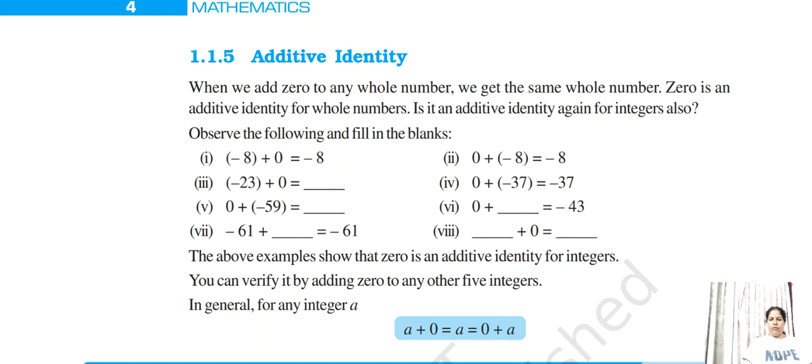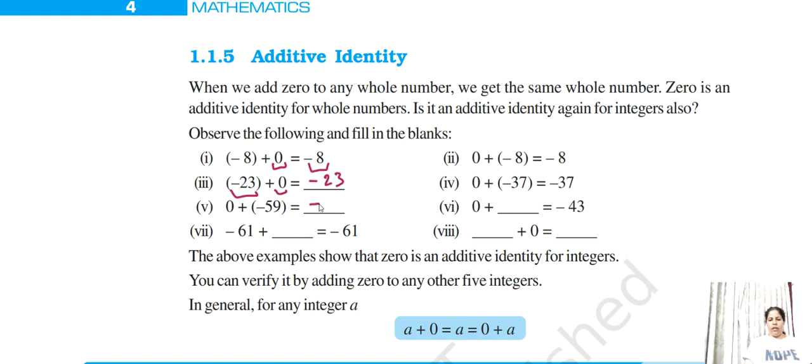so what about additive identity? See, identity means something which cannot be changed, right? So if I take this zero number, if we take any number, any integer, any whole number, and add 0 to it, then again we are getting the same number. Like with minus 8, when we add 0, we get minus 8. With minus 23, we add 0, then again we get minus 23.